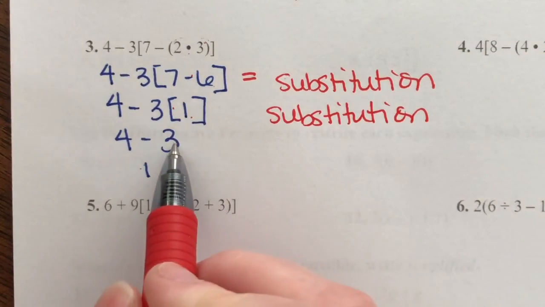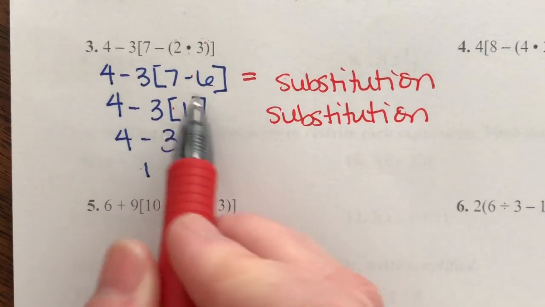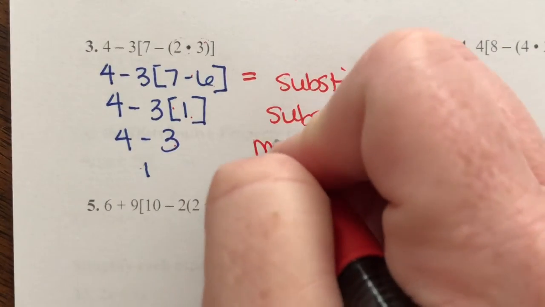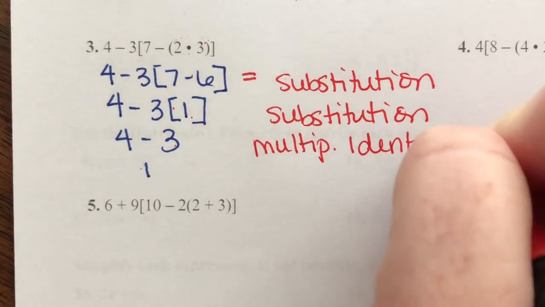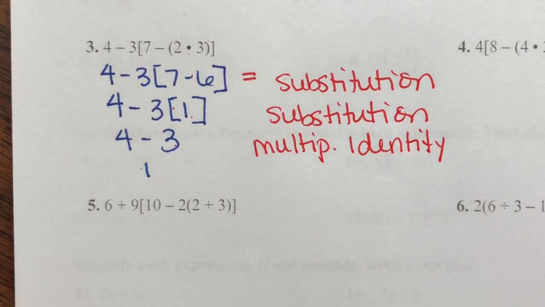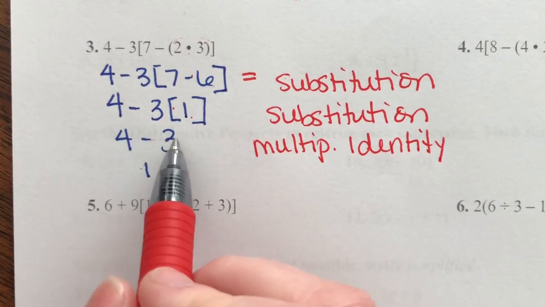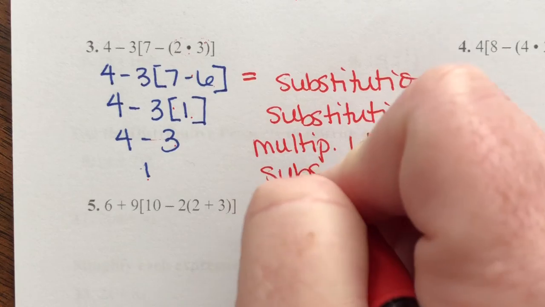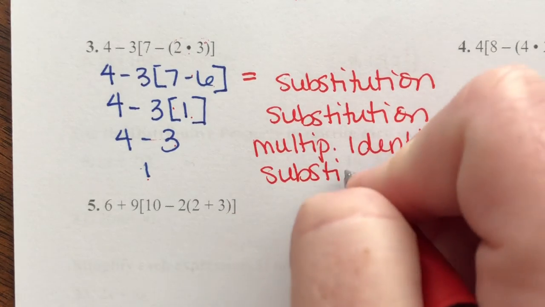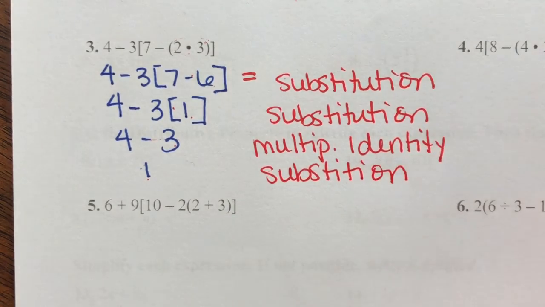Going from this step to this step, I multiplied 3 times 1 and got 3. That's the multiplication identity or the multiplicative identity. Same thing. And then going from this line to this line, I subtracted, so that is substitution. 1 is equal to 4 minus 3, so I just replaced a value with an equal value.